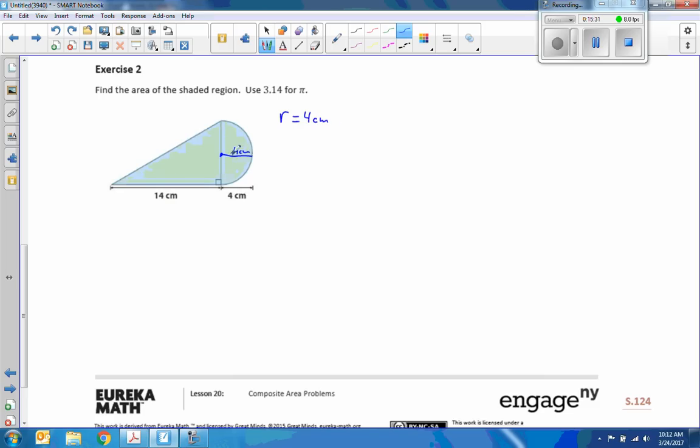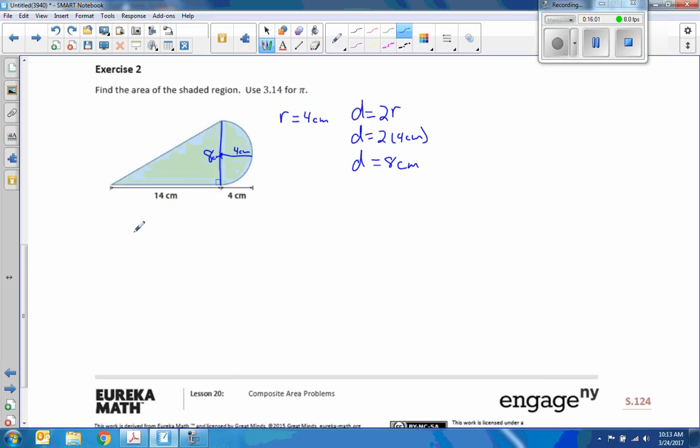Since this is a radius and this is a diameter, D equals 2R. So therefore D equals 2 times 4 centimeters. The diameter is 8 centimeters. The diameter is also equivalent to the height of our triangle, 8 centimeters.